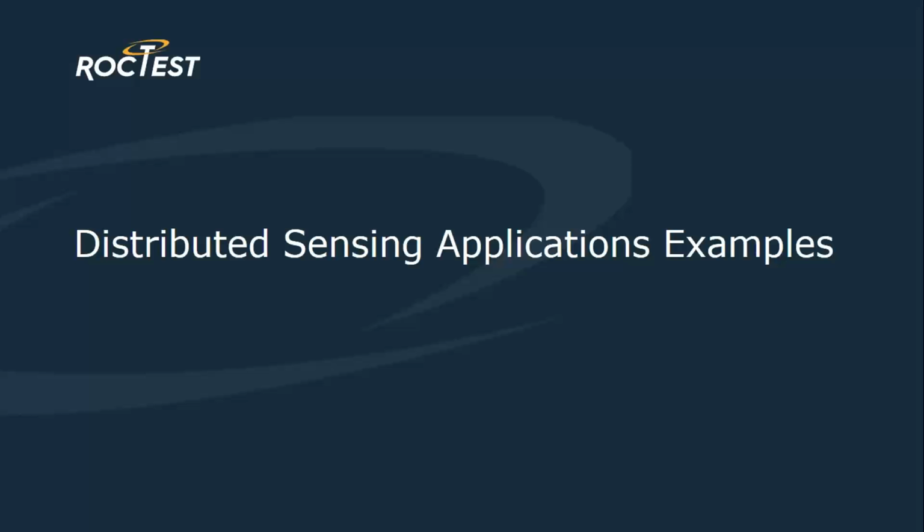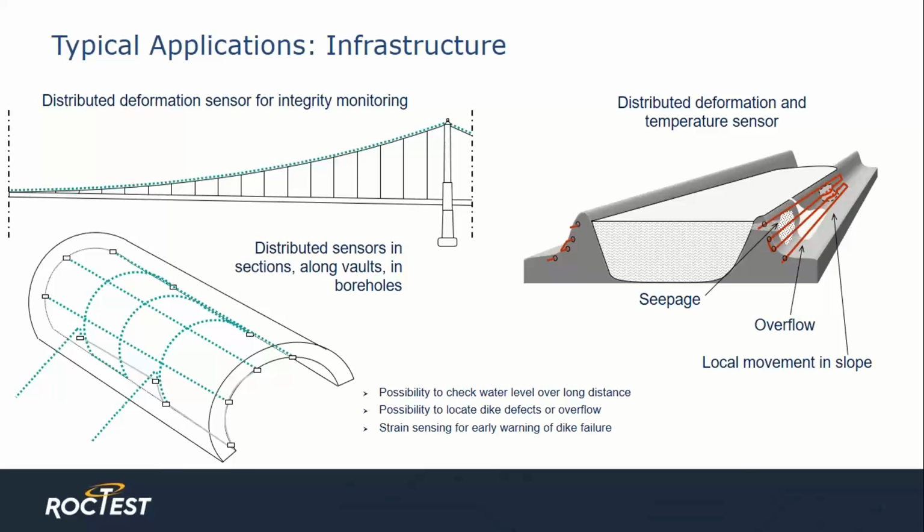We'll discuss some application examples now. In this graphic, you can see some of the other typical applications for distributed sensing. At the top left is an example of integrity monitoring along a bridge suspension cable.